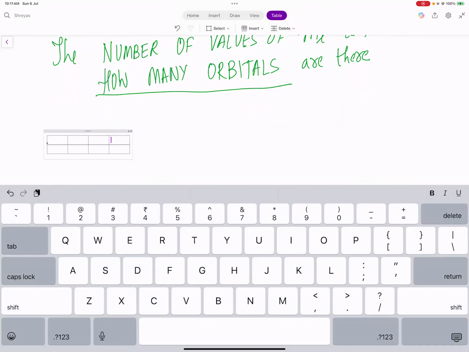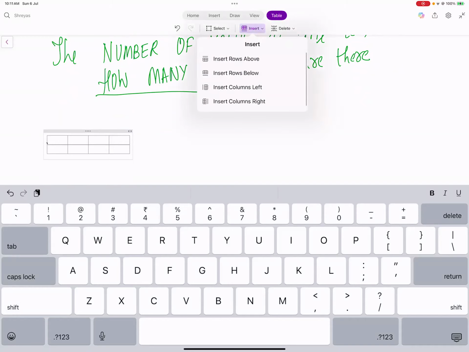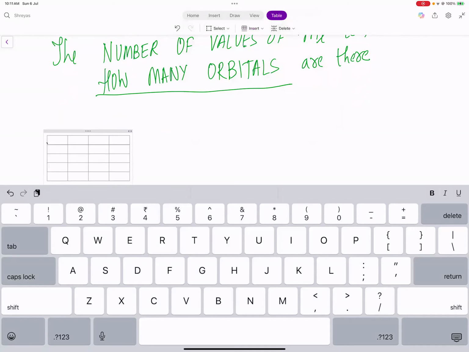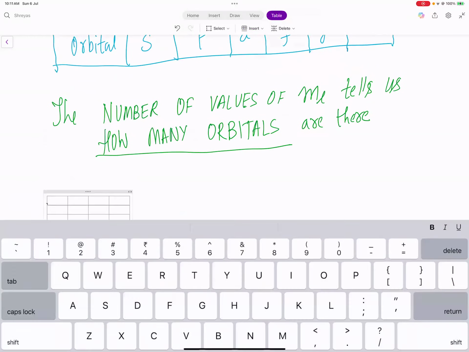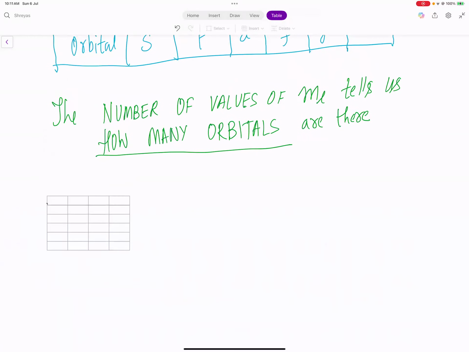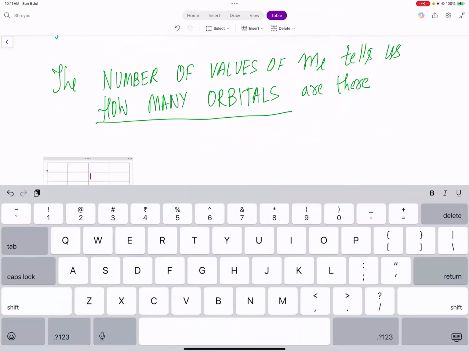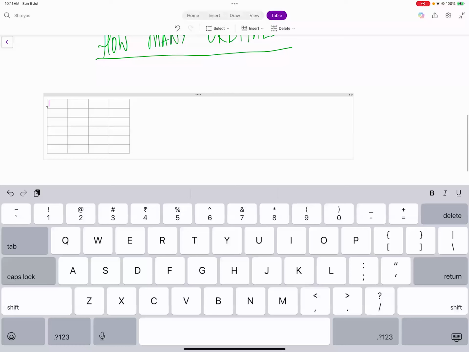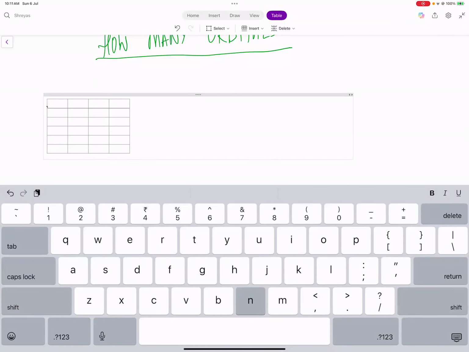And insert rows below. I think this should do. And then I have to expand this table. Anyways, I'm just tired of this.